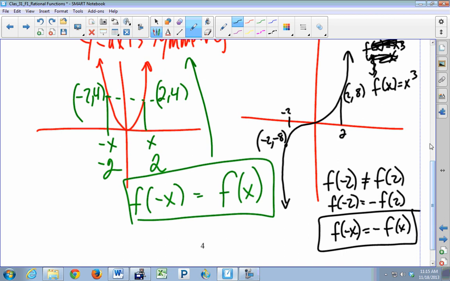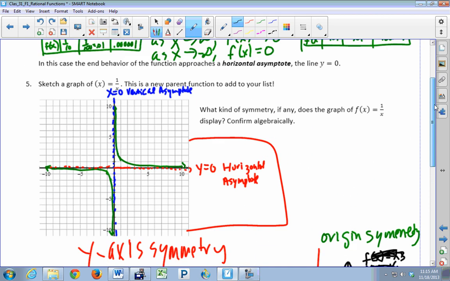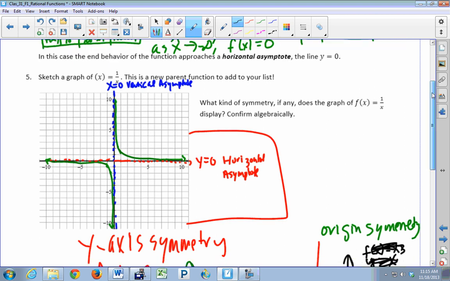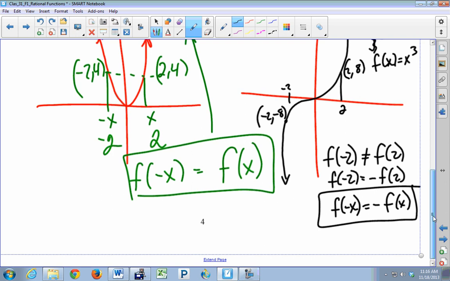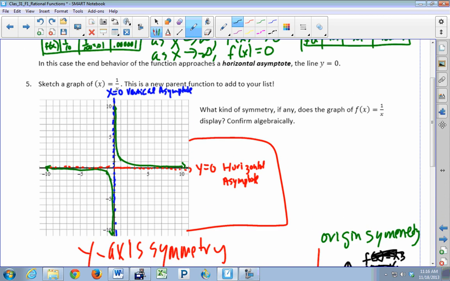So let's check the symmetry of the function 1 over x. Where you start is, you notice both of these cases, what do they have in common? They start with f of -x. And what you want to determine is, does it equal the original function or is it the opposite of the original function? So here's my original function, f of x. I want to look at f of -x.